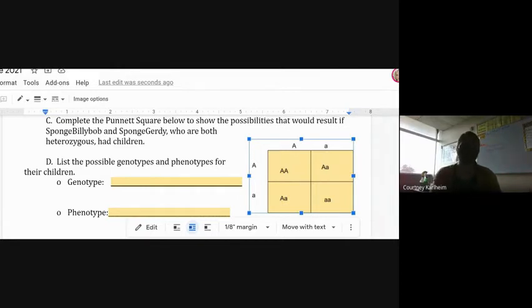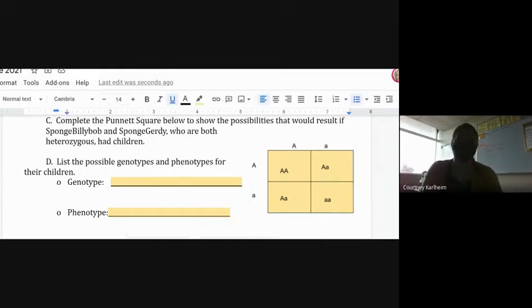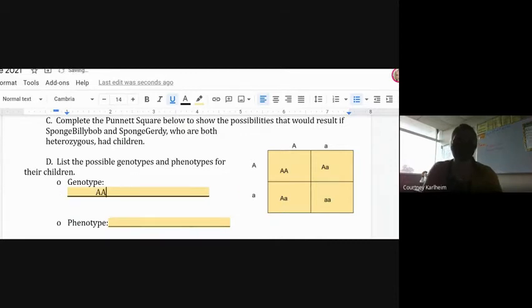So our first job, when it asks for genotypes, is to list out what the possible children's letters could be. Remember, genotype is the code. It's just the letters, or the allele combinations, that the babies or the offspring could have. So all of the options would be two uppercase A's. We see that in the first square. Our second option would be one uppercase, one lowercase.